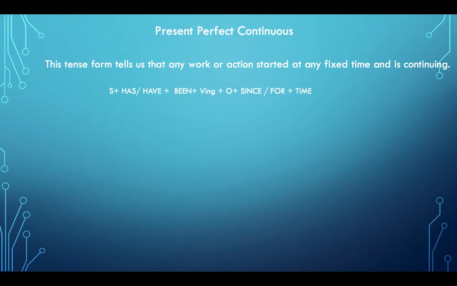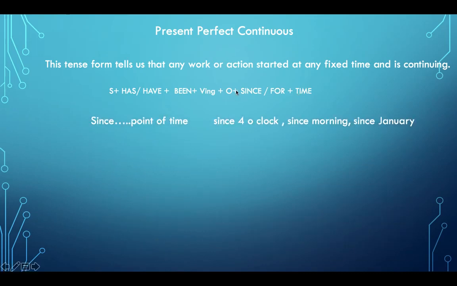Plus verb ing plus object plus since or for plus the time. So, subject, has or have के साथ been plus verb के साथ ing form plus object plus आपका since या for जो कि time period indicate करता है, and also the time. Let's take up an example to make this formula more clear.